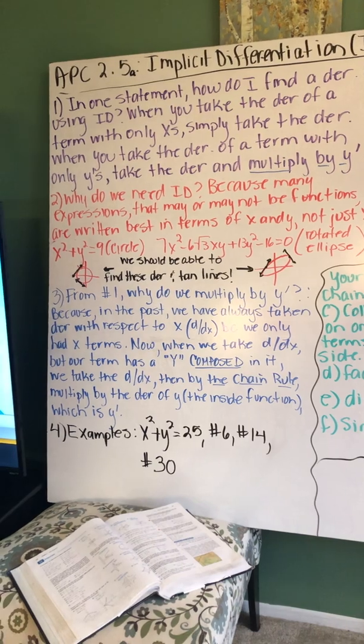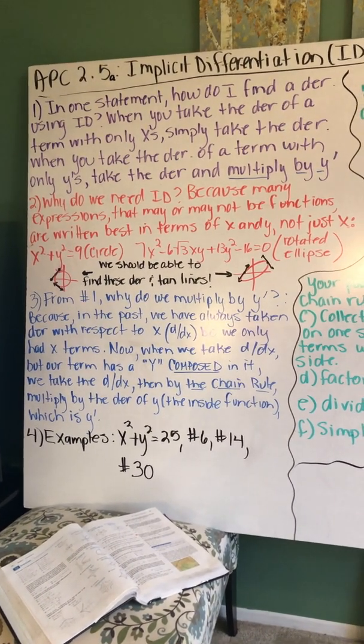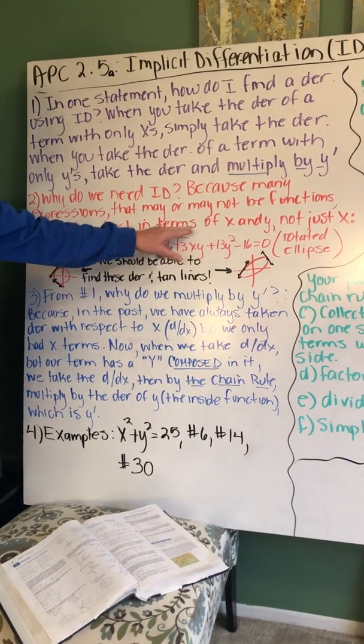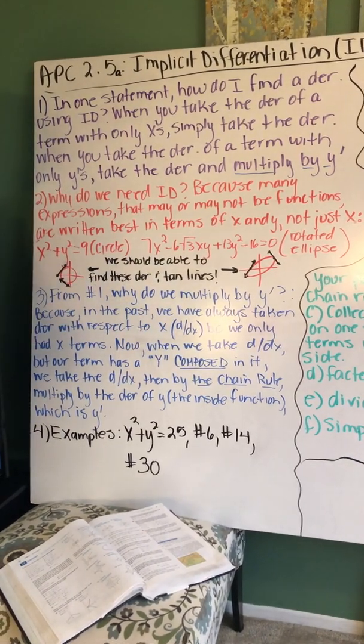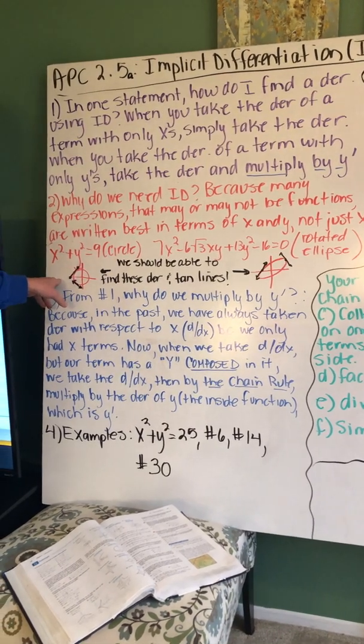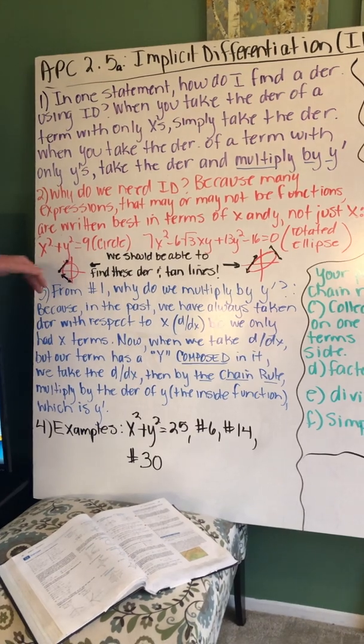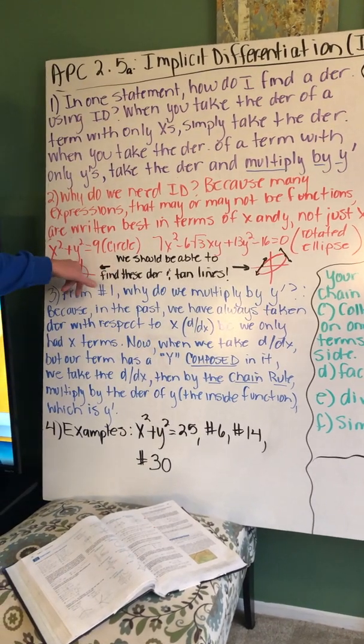Number two, why do we need implicit differentiation? Because many expressions that may or may not be functions are written best in terms of x and y, not just x. For instance, here's how we write the equation of a circle, x squared plus y squared equals 9. Notice that it's a lot easier to write this circle in these terms.